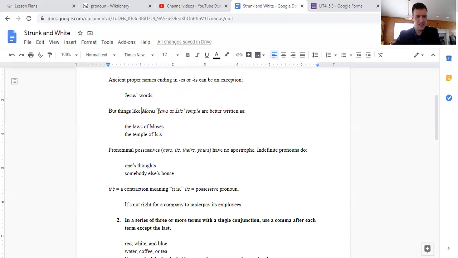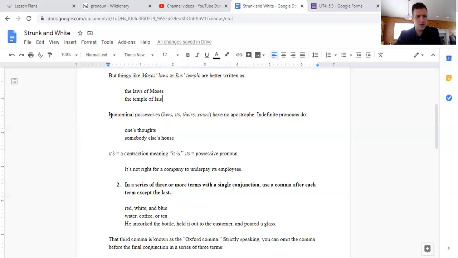So Moses and Isis, again, ancient names ending in ES or IS, these would just get an apostrophe, but something like Moses's laws or Isis's temple would be better written as the laws of Moses or the temple of Isis. Makes sense? So a genitive construction with the preposition of would be neater, more elegant, more distinguished.